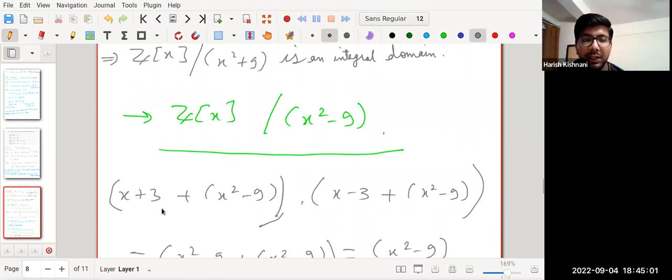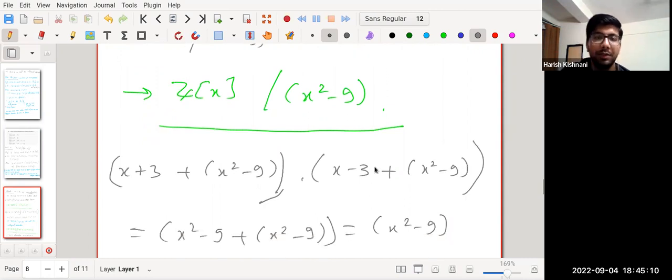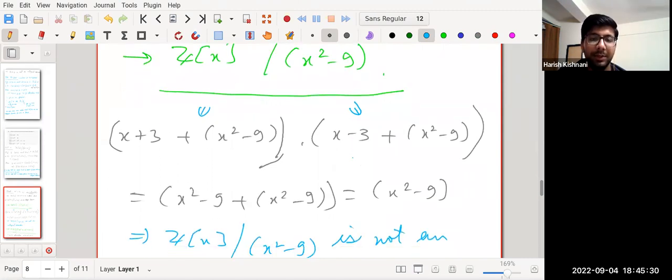So you can see that x + 3 plus the ideal generated by x² − 9, when you multiply it with x − 3 plus the ideal generated by x² − 9, these are two elements that certainly belong to the ring ℤ[x] modulo x² − 9. And when you take the product of them, it's going to be x² − 9 plus the ideal generated by x² − 9, which is the zero of your ring ℤ[x] modulo x² − 9.